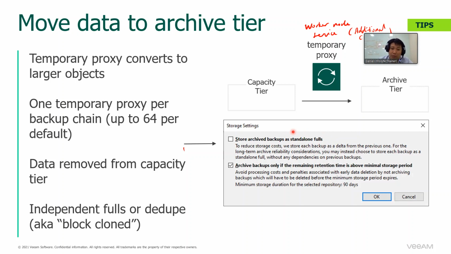So it will give you even more reliability in case if really a data corruption block happens, it will not affect all your full backup that shares the same data dedupe. Okay, so this is another option available. You need to be careful whether the cost will be saving or not over here using this option over here.